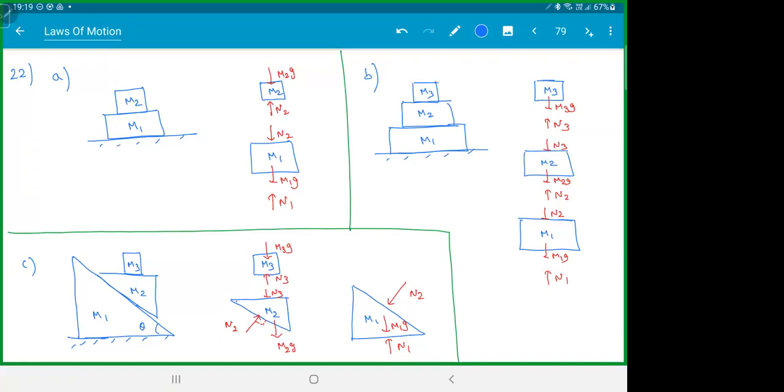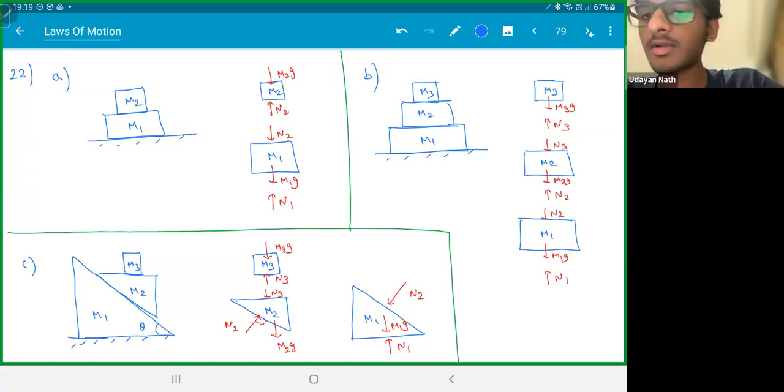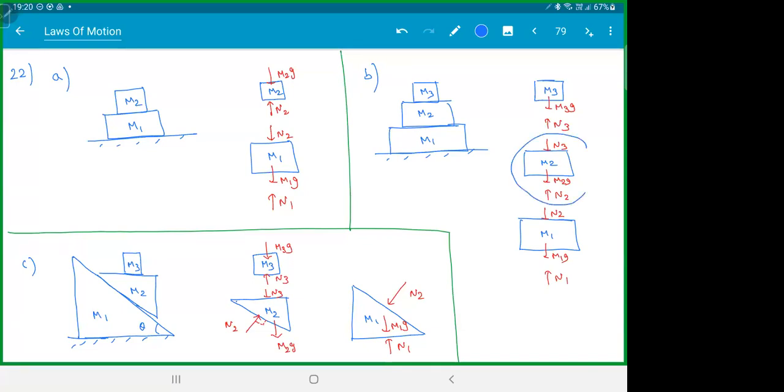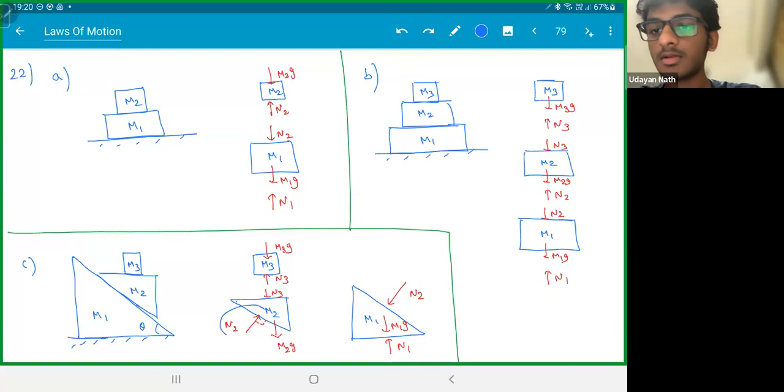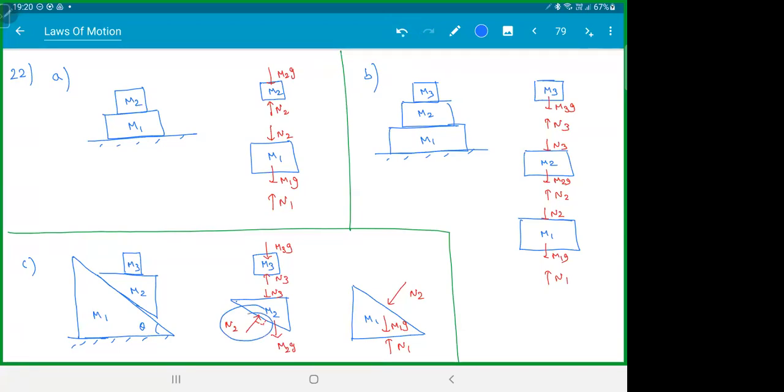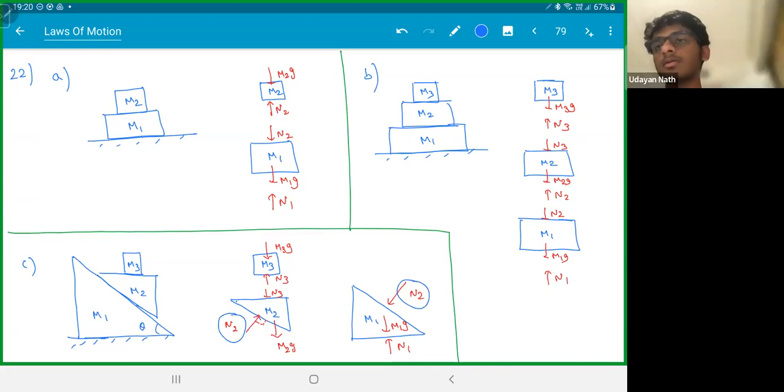Clear, na, Monica? Sir, in the second block, the normal reaction should be N1, right? In the inclined part. Meaning, see, if I call this N2, this should be N2. But you can call it whatever you want. You're adding it mainly.